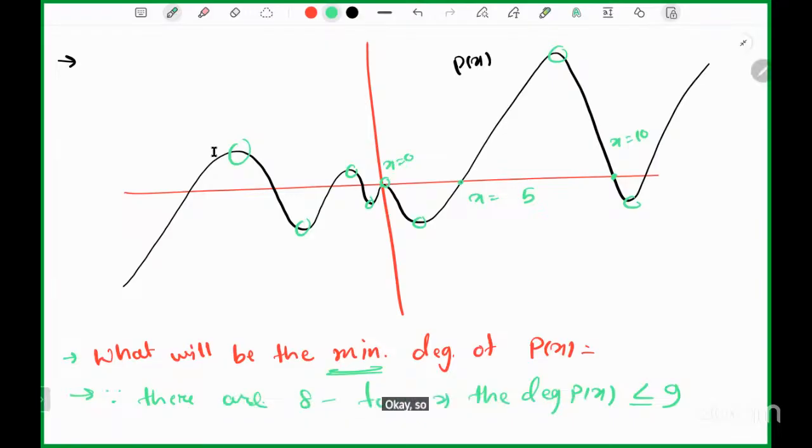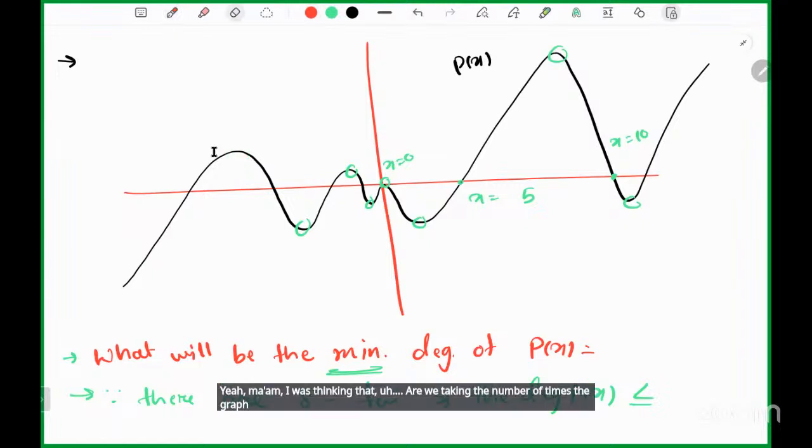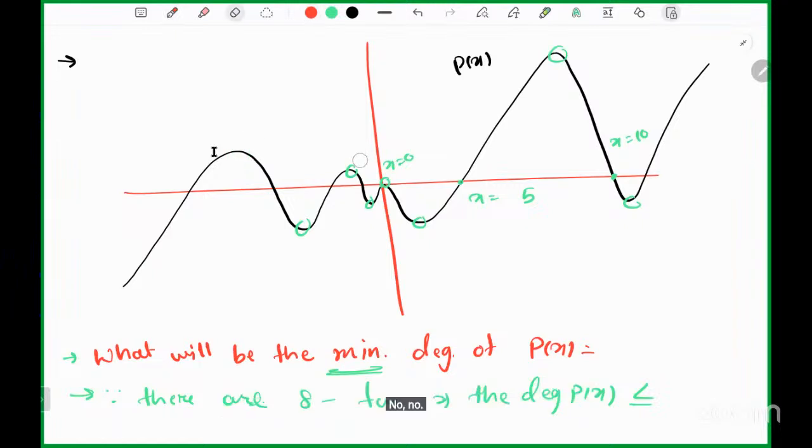Ma'am, other than these 8 turning points, I was thinking, are we taking the number of times the graph is touching the x-axis? No, no, no. Turning point means this up and down only, not touching the x-axis.